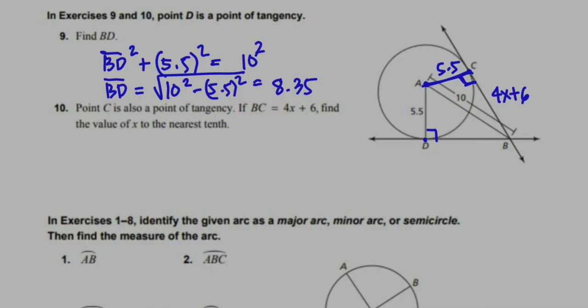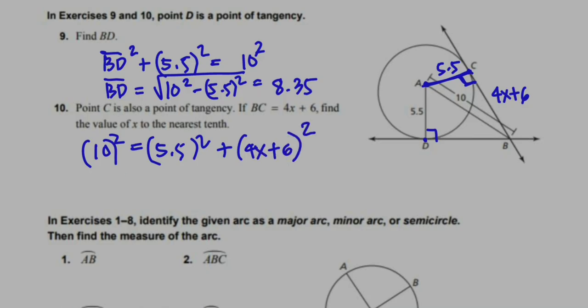So that would become 10 squared equals 5.5 squared plus 4x plus 6 squared. So 4x plus 6 squared equals 10 squared minus 5.5 squared.